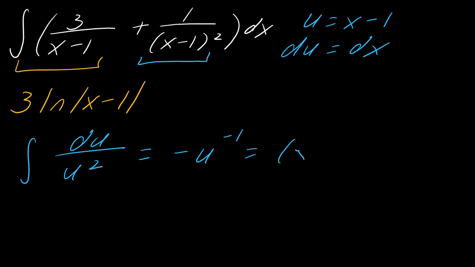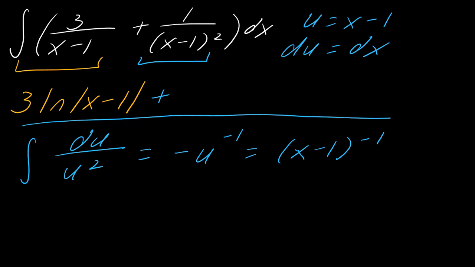So this will just equal x minus 1 to the negative first. So all in all, maybe I'll just put a line there. So this becomes minus, sorry, supposed to be a minus in front there. Minus 1 over x minus 1, and then plus c. So that would be everything for that one.